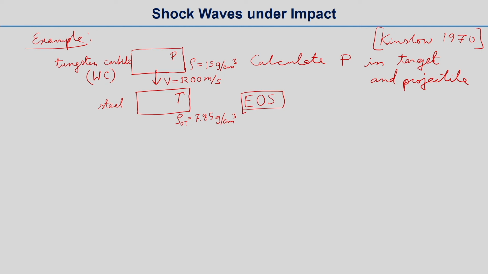Now, for equation of state for these two materials, let us say for tungsten carbide, the equation of state is US, the velocity of the shock wave, is equal to, okay, I will write it, it should look like C naught plus S1 UP. Now, this is a common equation, and then we will say for tungsten carbide what is the equation, and for steel what is the equation.